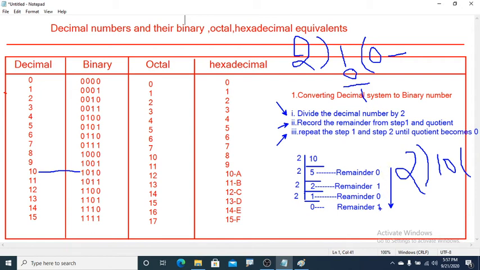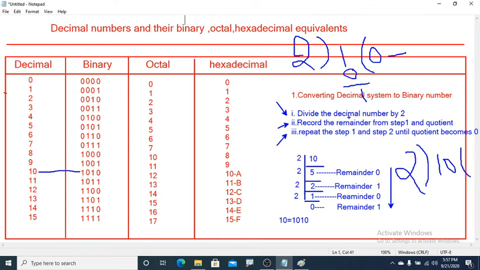So the value is 1010. 10 is the decimal number, and the equivalent binary number is 1010. Did you observe this? We proved it. This is converting from the decimal system to binary.